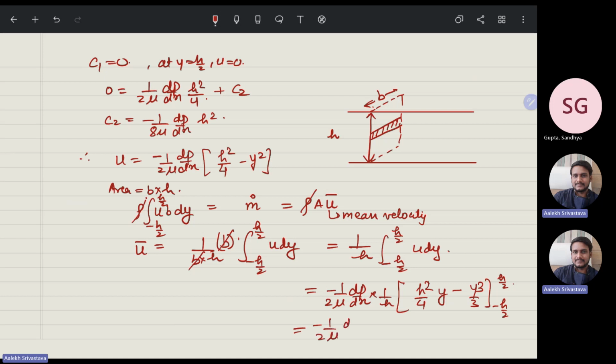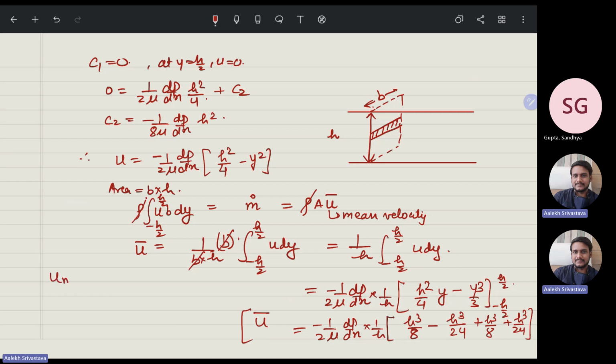So it is minus 1 by 2 mu dp by dx into 1 by h, and this is equal to h cube by 8 minus h cube by 24. Again it is minus, so this will be plus, again h cube by 8. So this is minus, minus, minus, plus, and again this is minus plus h cube by 24. So if you solve this thing, you will get the average velocity component.